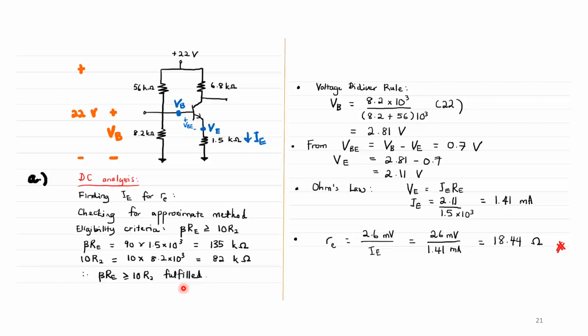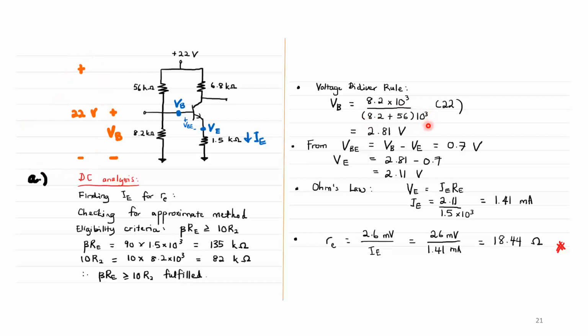I can choose to use the voltage divider rule, which means that I want to find VB. So VB is equal to 8.2 kilo ohms divided by 8.2 plus 56 kilo ohms, across the voltage drop, which should be 22 volts.